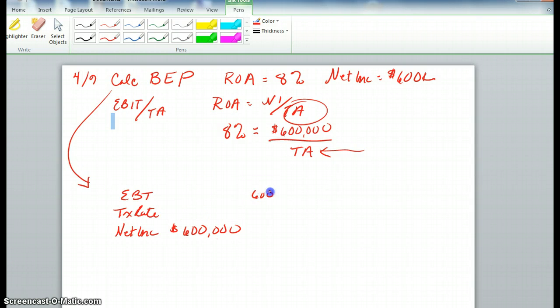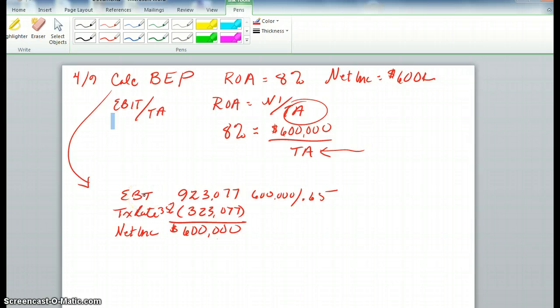So 600,000 divided by 0.65 will give us earnings before taxes. And then you should always check your work and make sure that the taxes of 35% actually equals 35%, and everything checks out.